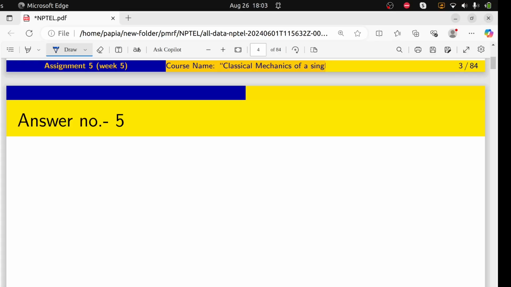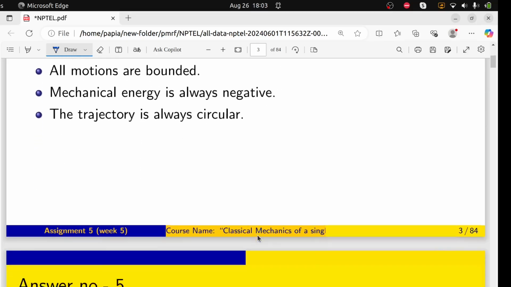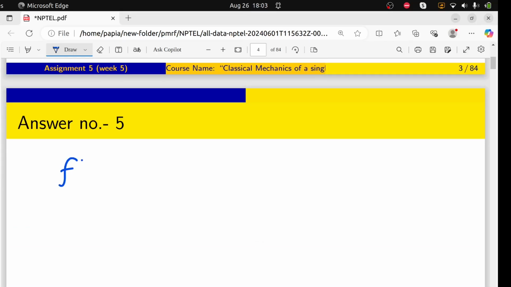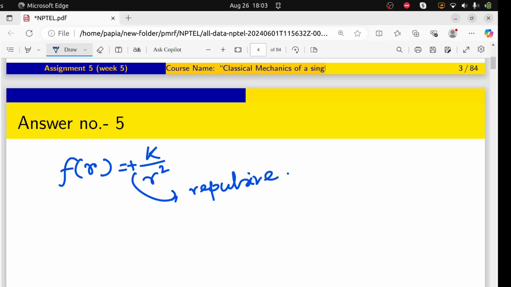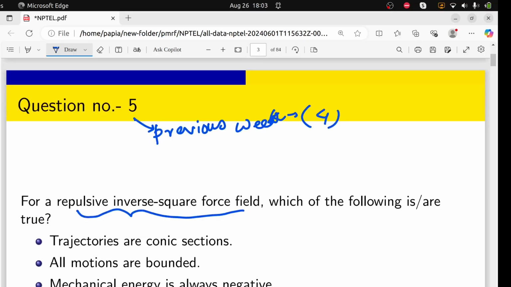In that question it was mentioned that the force is a repulsive inverse square force field. So that means F(r) can be written as K divided by r square, and K should be positive because it is mentioned as repulsive. Okay, so this is the F(r) for our case. Which of the following is or are true?